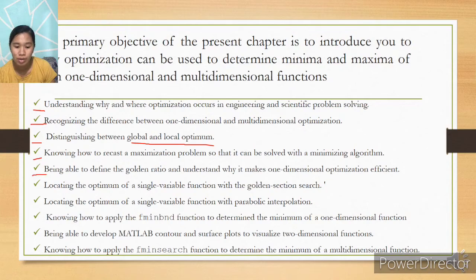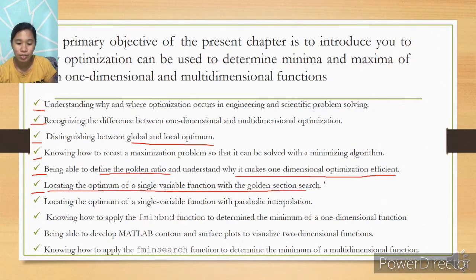Next, being able to define the golden ratio and understanding why it makes one-dimensional optimization efficient. Next, locating the optimum of a single-variable function with the golden-section search. Next, locating the optimum of a single-variable function with parabolic interpolation.